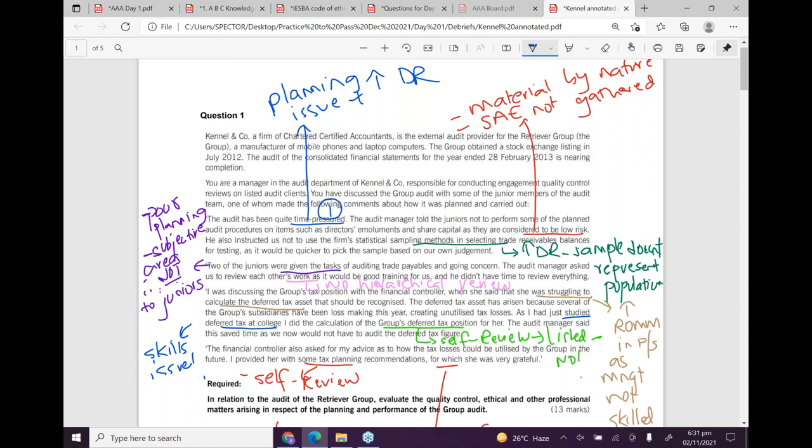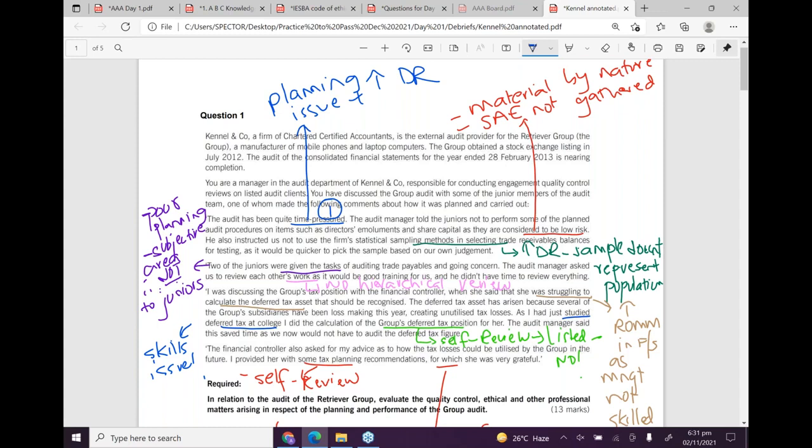Anyone who simply copy pastes that would get a big fat 0. You have to explain, so what? If the audit was time pressured, this would be a huge planning issue. This could lead to higher detection risk as well. So if I do my work in a hurry, I will not be able to detect material fraud or error. This is also indicative of poor planning.